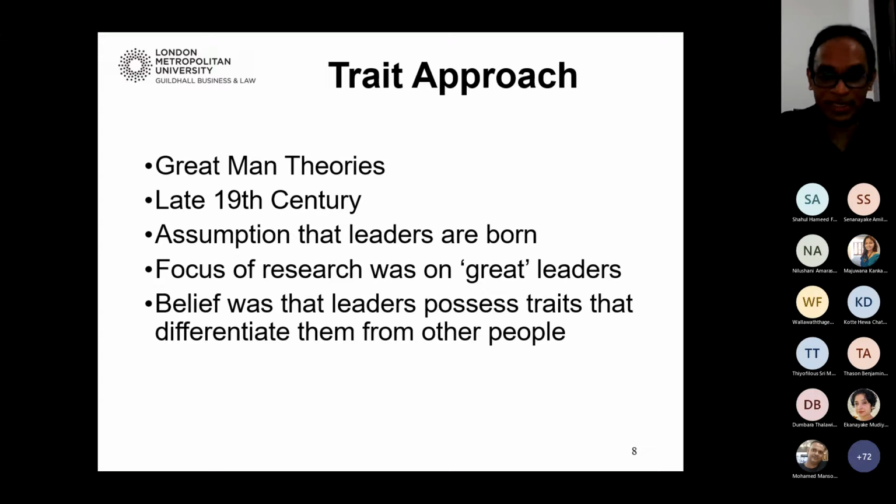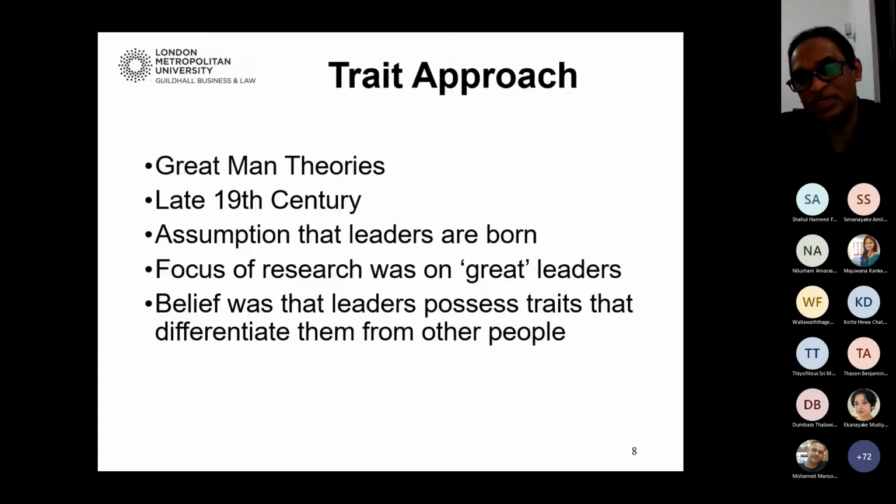And the assumption here is that leaders are always born. If you want to be a leader, you should be born with certain qualities within you, right? Then you are considered a leader. Now, if you look at Alexander the Great and all those people, they are just presumed to be born with this leadership, and therefore they are considered leaders.